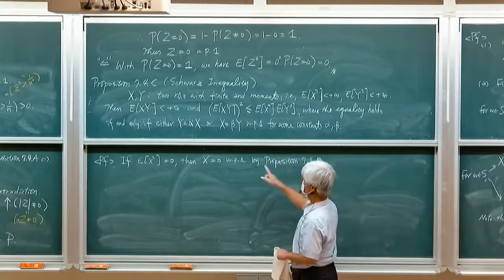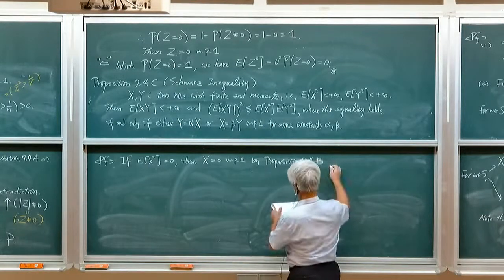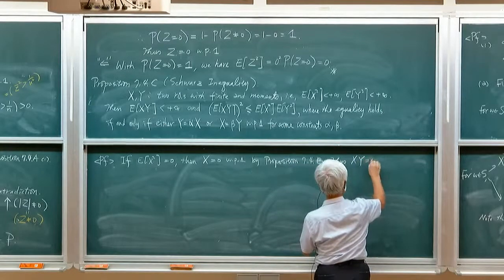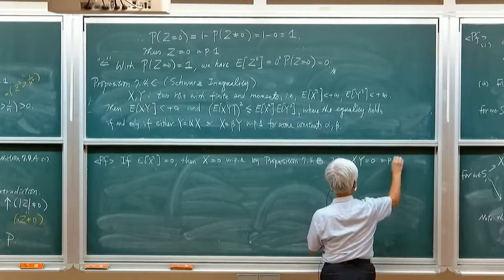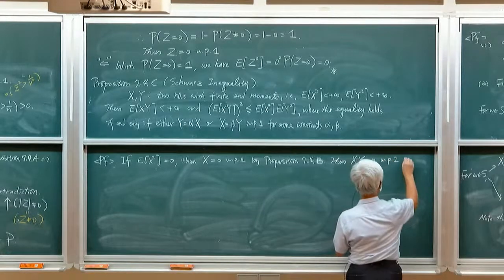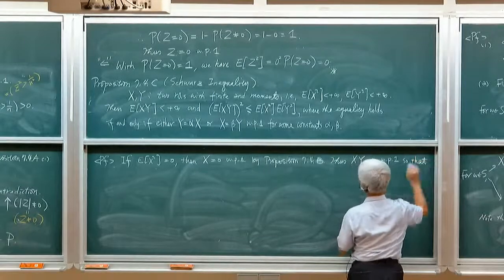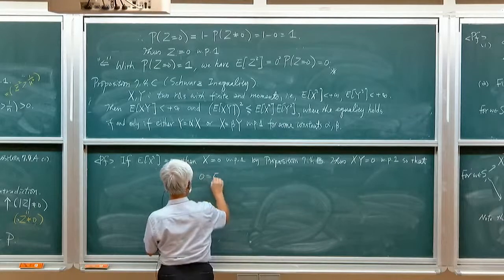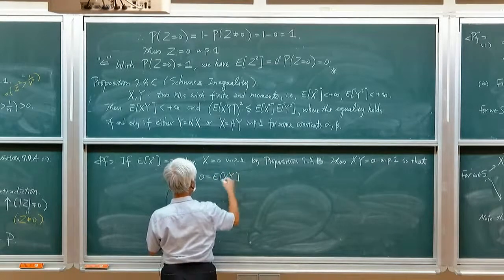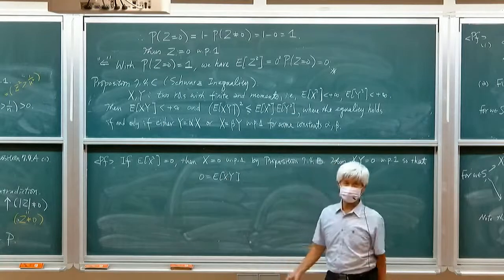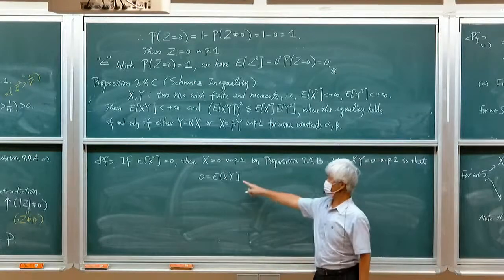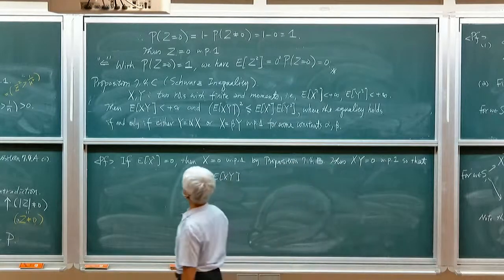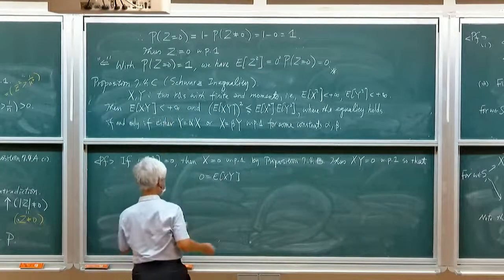All right. Thus, X times Y is equal to 0 with probability 1. And so the expectation of XY is 0. Okay, in particular, it has finite expectation, of course.